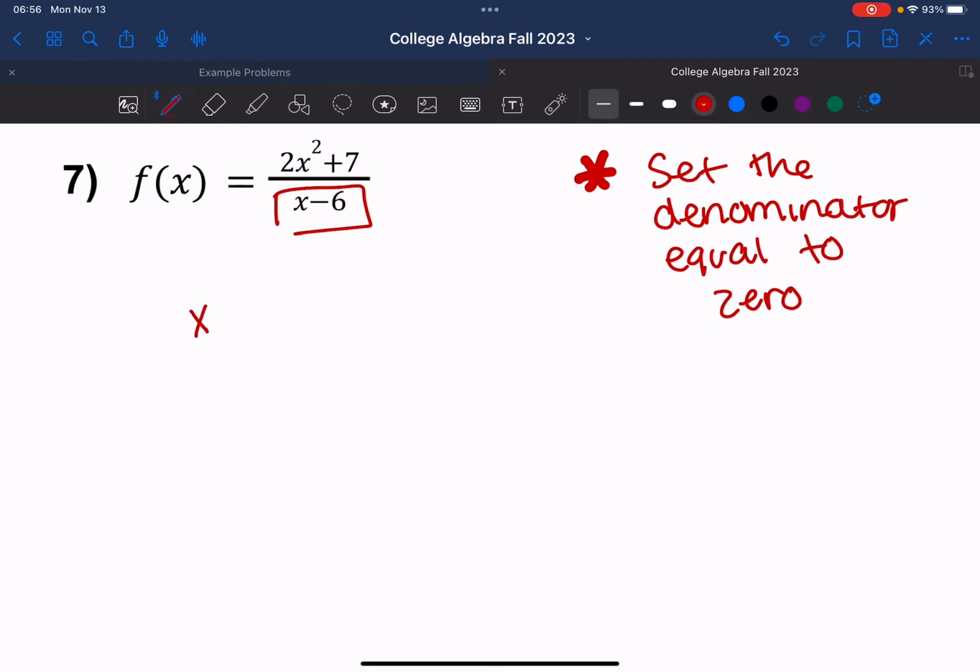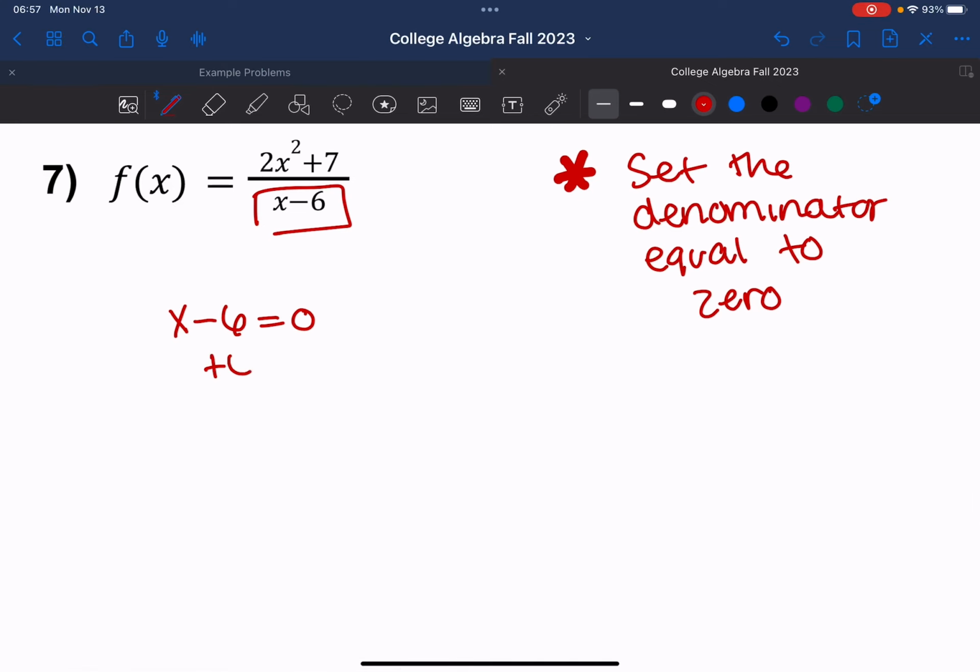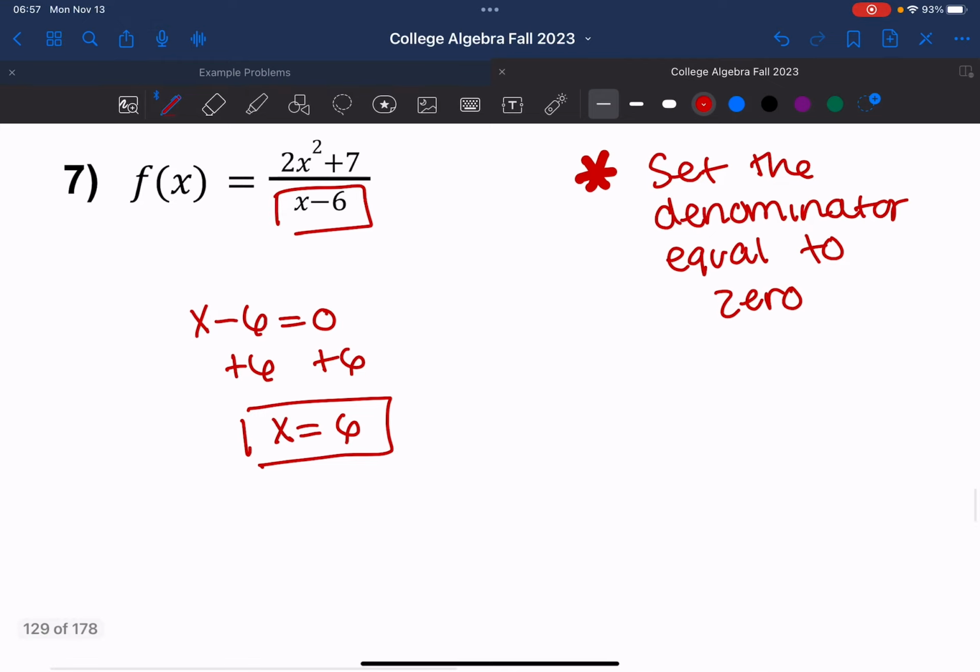So we do x minus 6 equals 0, which gives us what for our x value? 6. So that means x equals 6 is our vertical asymptote. So whatever the denominator is, we set that equal to 0 and solve.